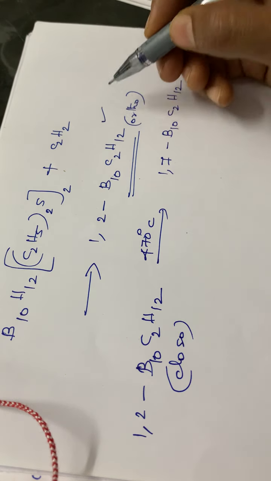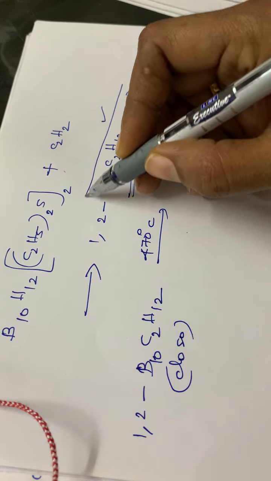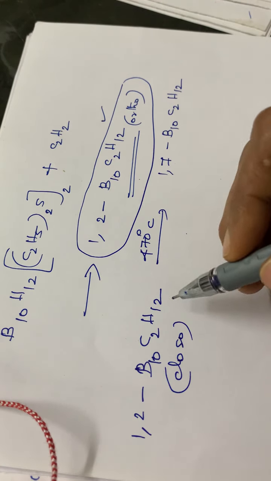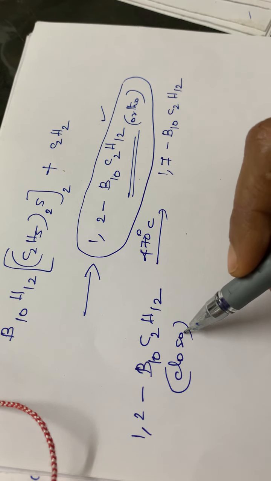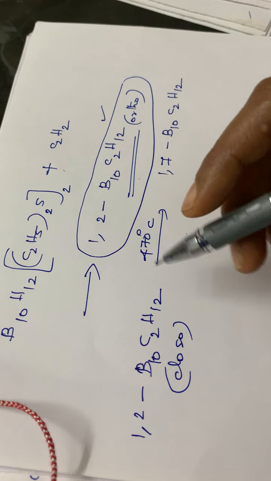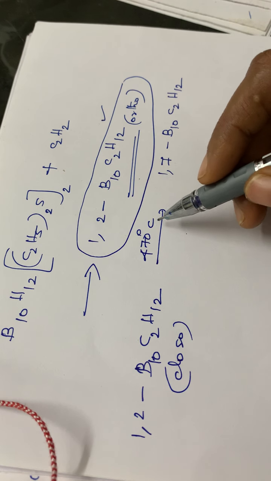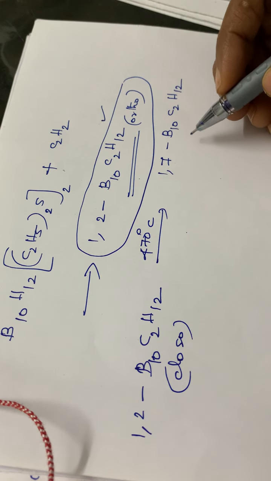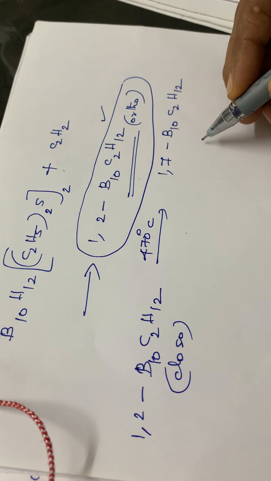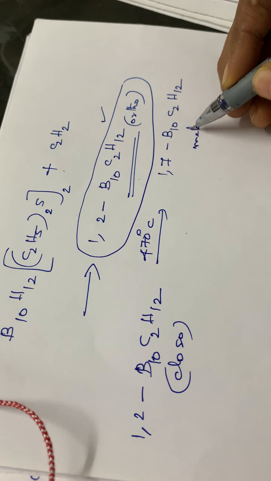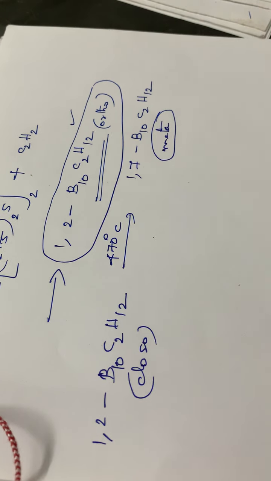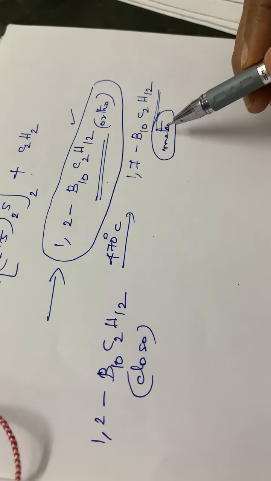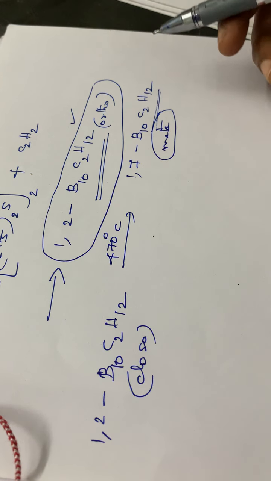So this is the ortho form of the clozocarborane, and it is heated to 470 degrees Celsius. Then we will be having the meta. 1,7 position means it is the meta position. This is the clozocarborane, the meta form will be obtained.